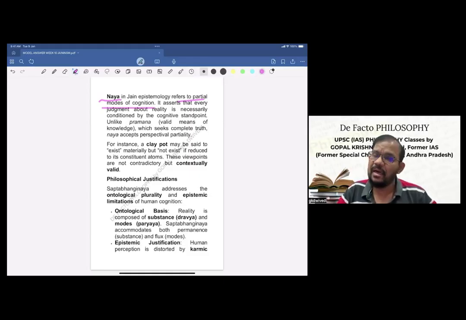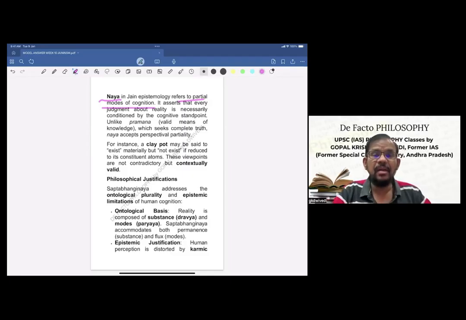Again, the same thing is coming up. Every judgment is relative. So that is called Nayavad. Nayavad is a main concept of Jainism, and Saptabhangina is actually the vehicle of that Nayavad. To express that Nayavad, the Saptabhangina vehicle has come. So Jainism asserts that every judgment about reality is necessarily conditioned by the cognitive standpoint.